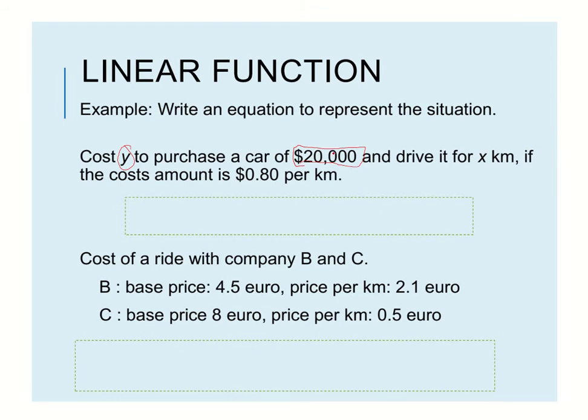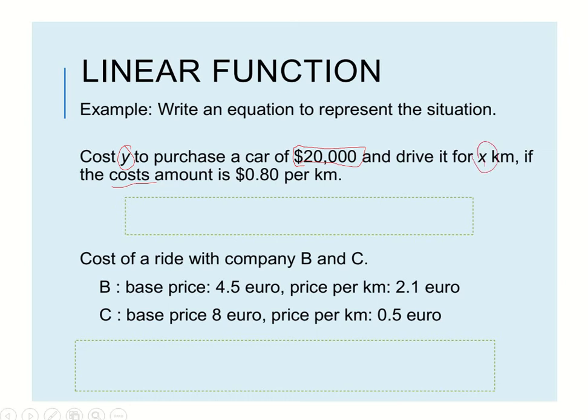Besides this, we also have another cost, the cost of driving the car, which is $0.8 per km. For each km we drive, we have to pay this cost, $0.8. So what is the total cost if we drive for x km?